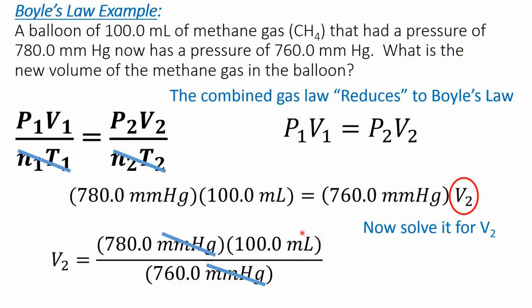The results are these milliliters right here. You don't have to worry about what the volume units are as long as they're the same. Whatever units are left over, those will be the units for your answer. When you multiply and divide, you end up with 102.6 milliliters. Remember that whatever units are left over, those are the units for your answer.